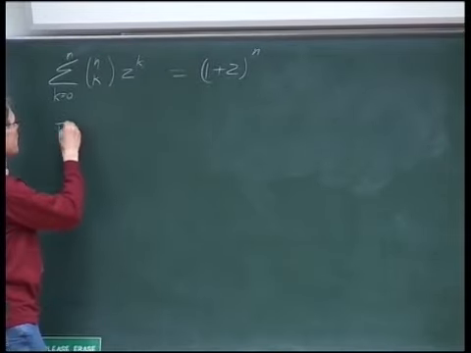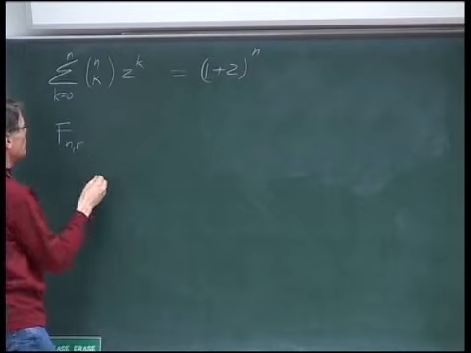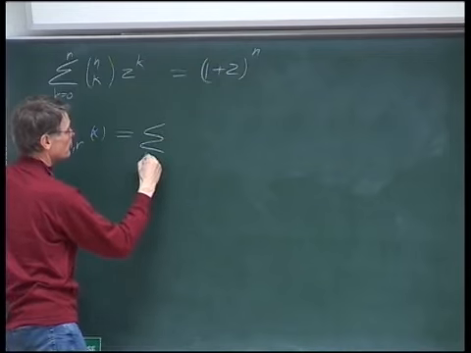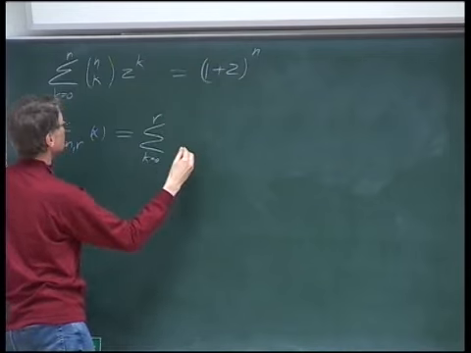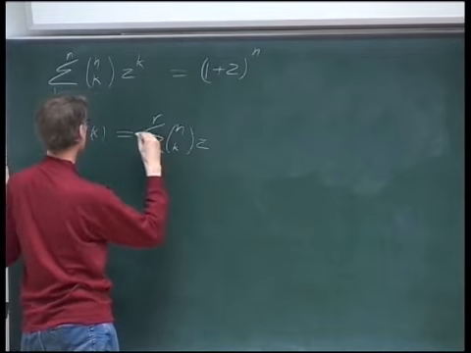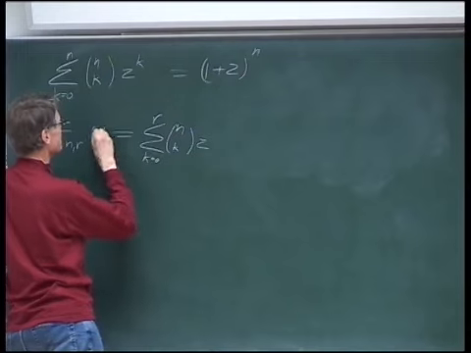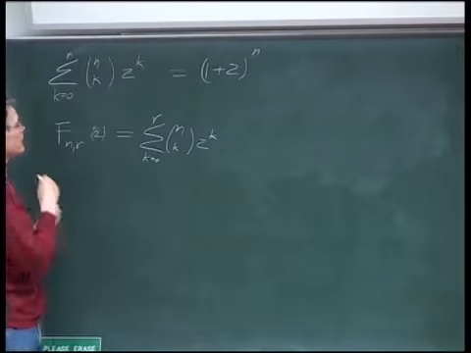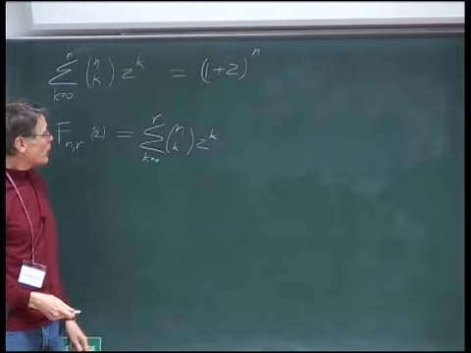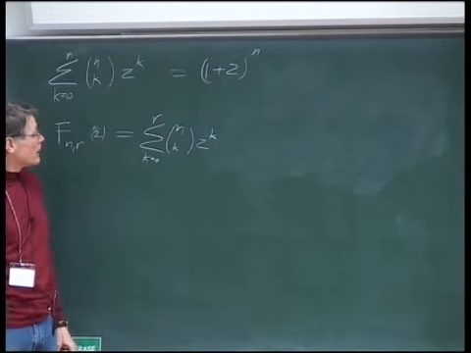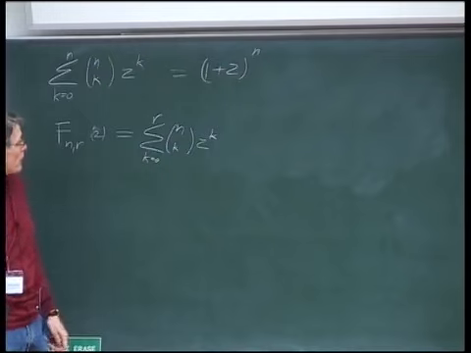So let me define f_{n,r}, meaning that we go up to the rth term. Maybe let's keep it z. So this is clearly a polynomial in z, so it has r roots and so on.